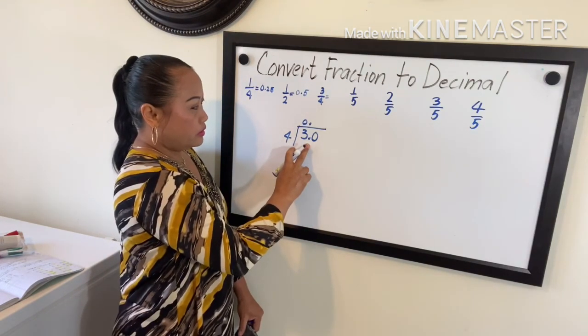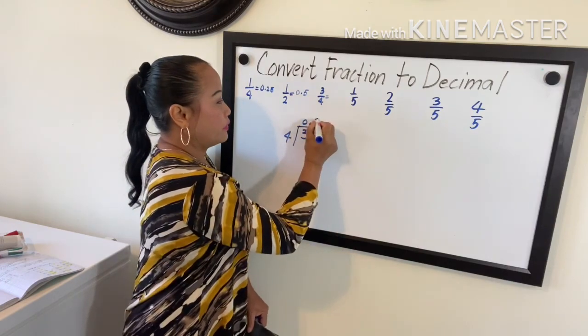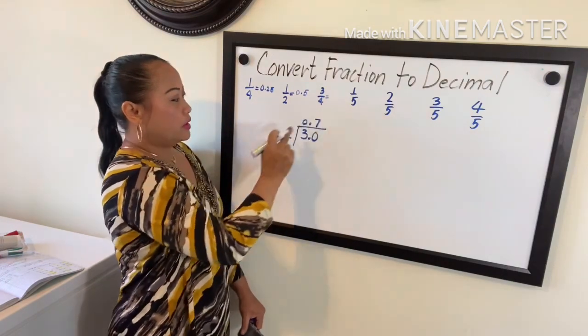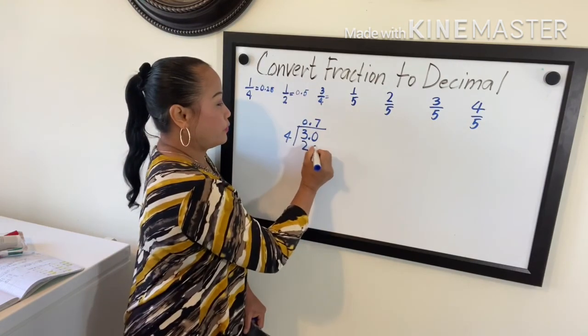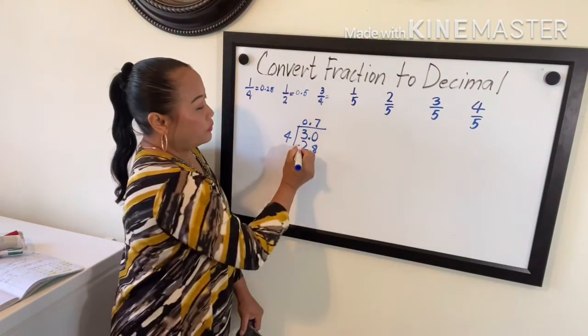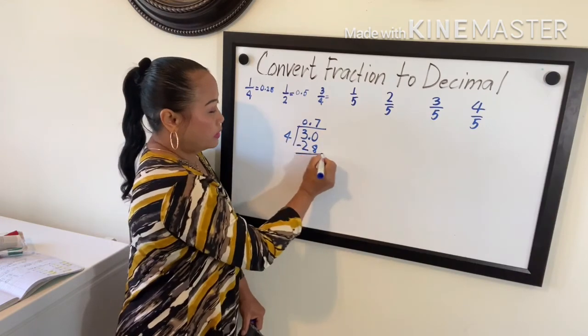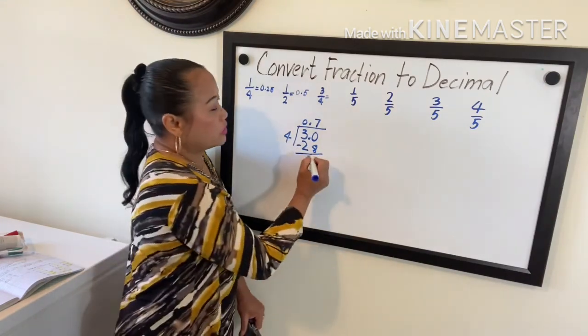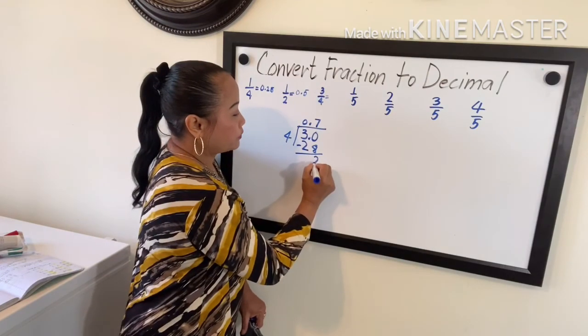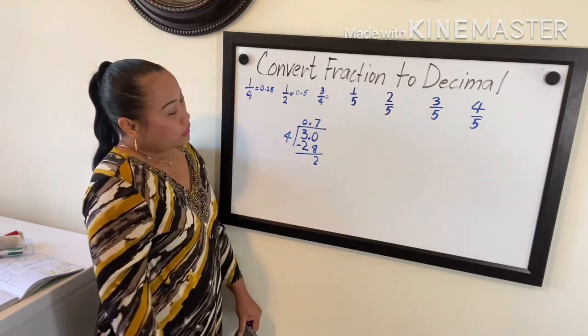There are 7. 7 times 4 is 28. Then we will subtract. 30 minus 28 is 2.